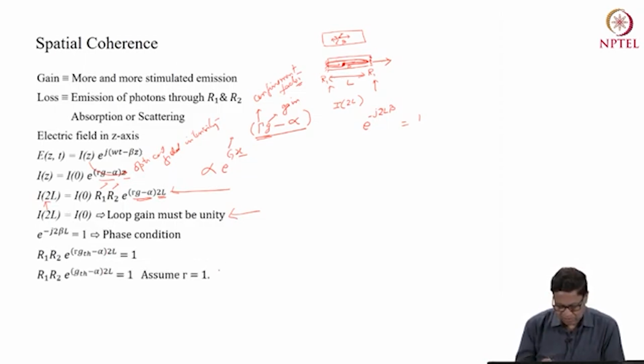And now, without any loss of generality, I can assume this Γ to be 1. So this becomes a little easier and modified. R1 into R2 e raised to the power (g_th minus α) into 2L is equal to 1. So this is the other condition.